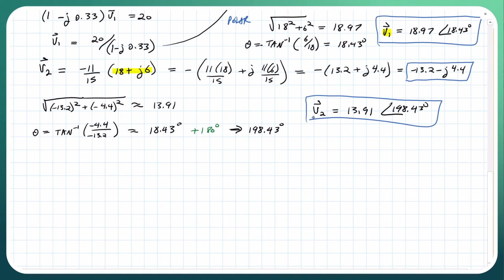Okay, and the reason for that, I'm going to make this note: both real and imaginary are negative, meaning we are in the third quadrant.